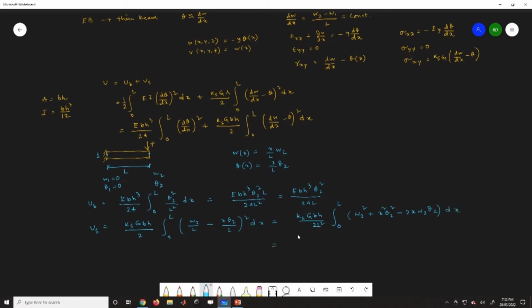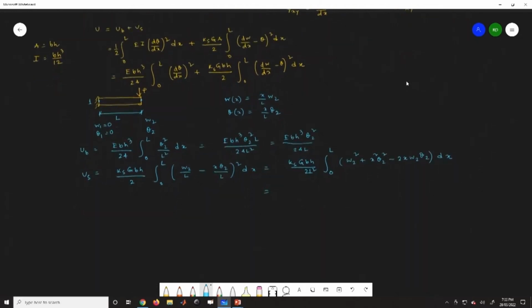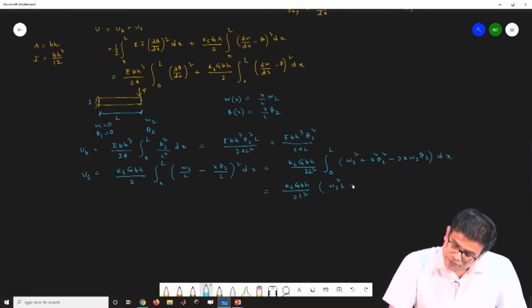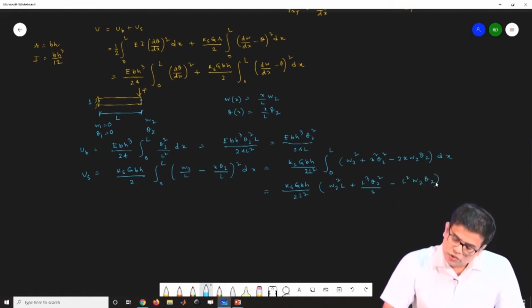If I do the integration, Ks G B H by 2 L square into W2 square L plus L cube theta 2 square by 3 minus L square W2 theta 2.